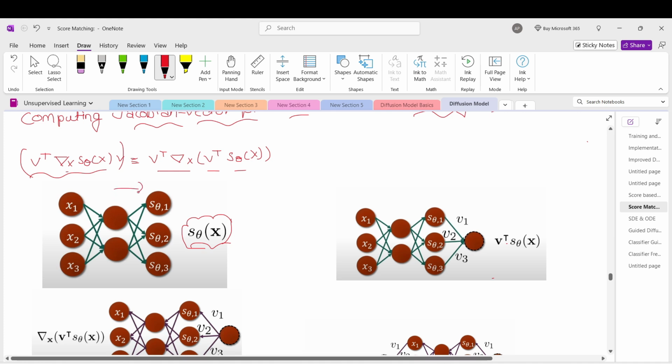Do some forward propagation and you will get s theta of x, and after that you add just one node for this dot product operation. So we are just doing projections.